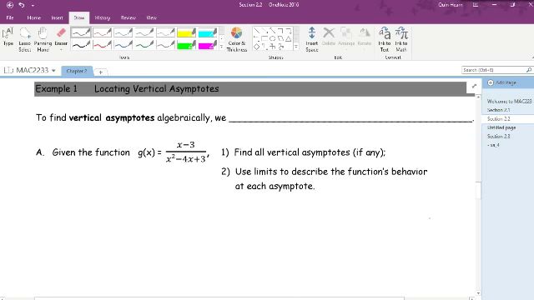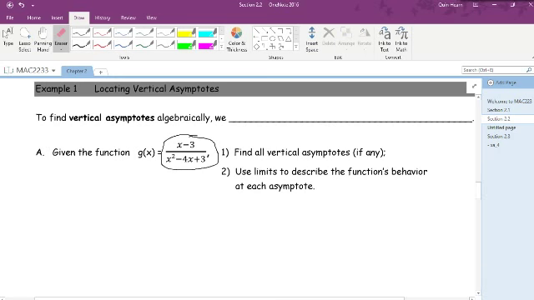So to find vertical asymptotes algebraically, we're interested in where the limit from the left or the right for a particular x value equals infinity. And in the case where we have a rational function like this one, we can set the denominator of a rational function equal to 0. Hold on.